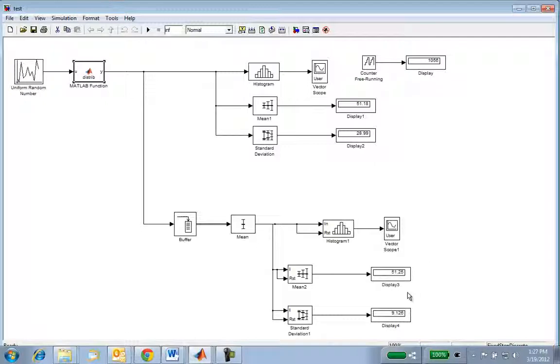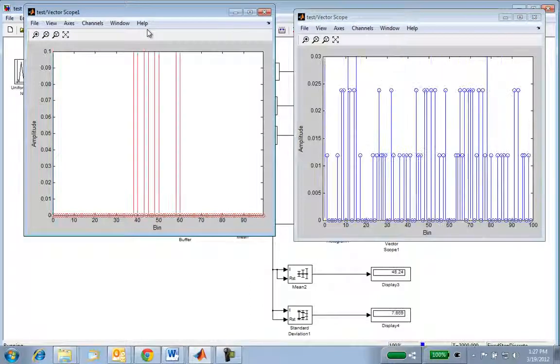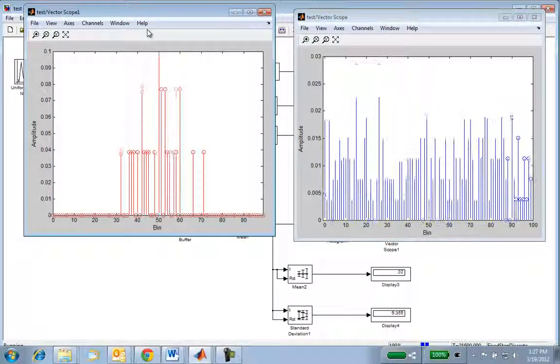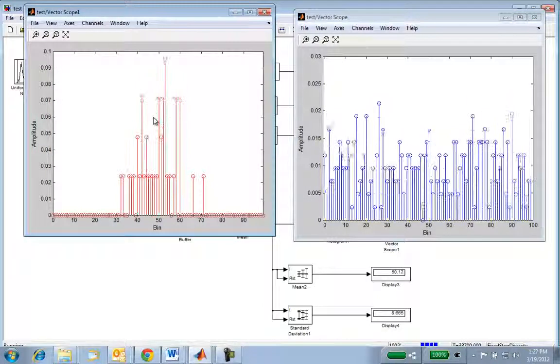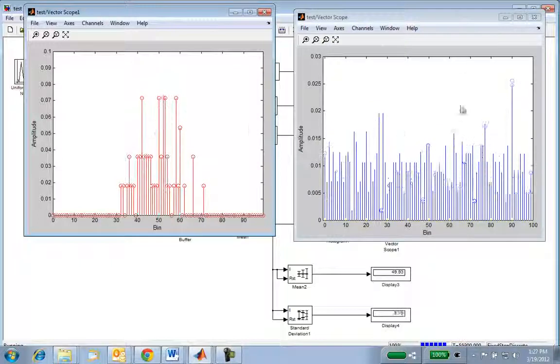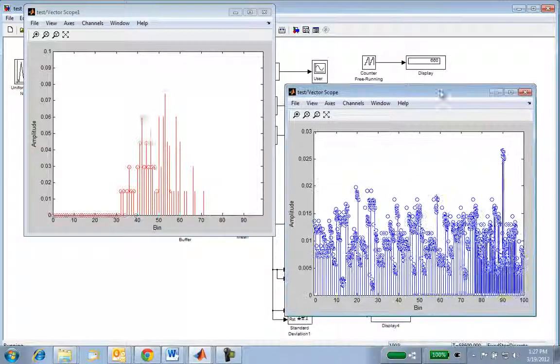So let's go and run this simulation. What we expect, if the central limit theorem holds true, is that this will be our uniform random number distribution as we saw earlier, and this will be our Gaussian. Why don't we run the model and take a look? We can see as before, it takes a little while for the distribution to settle down as we pass data through the models. I'll just move things so we can see.